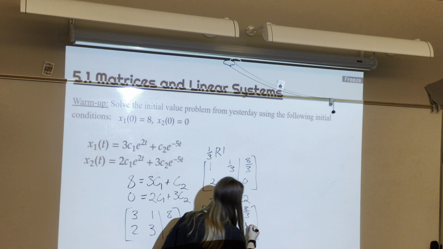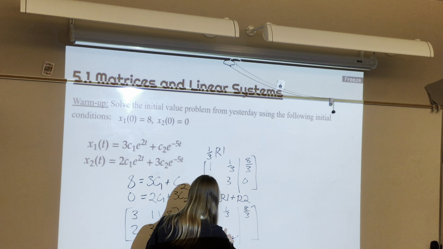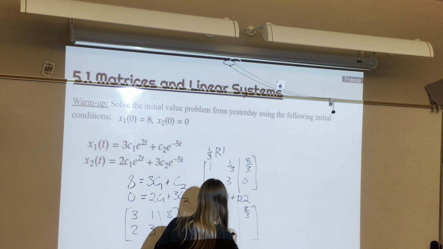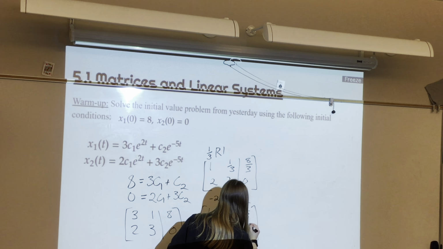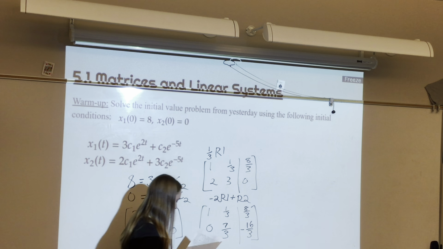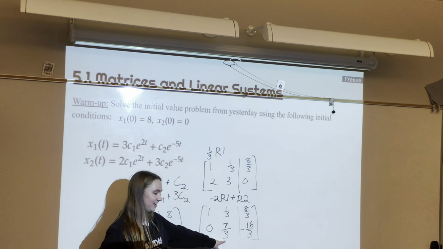And this ends up, what? Oh wait, I'm doing this differently, sorry. I skipped ahead a step. 0, 7/3. Yeah, I skipped ahead. Wow, that's crazy. And now what do we need to do to finally turn that into a 1?